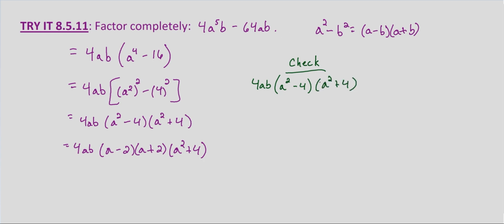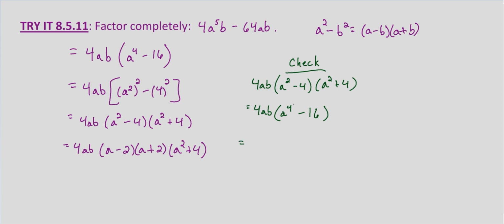Now we'll multiply those together using FOIL. So that equals 4ab times a squared times a squared is a to the 4th. A squared times 4 is 4a squared. But then we're subtracting 4a squared from the two inside terms. So those cancel, and then minus 4 times 4 is minus 16.